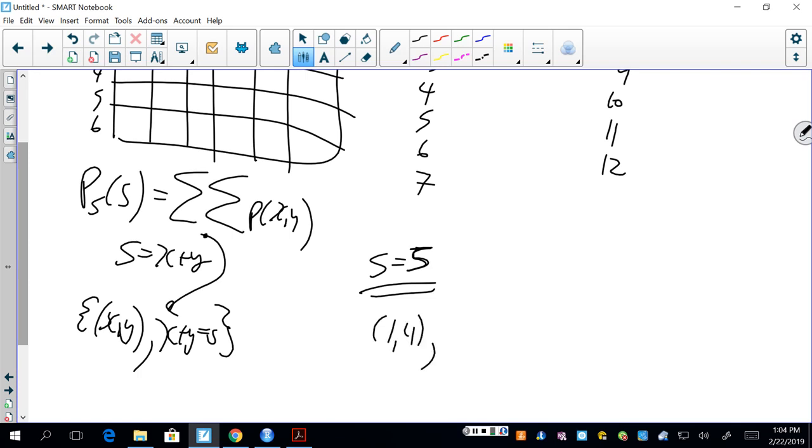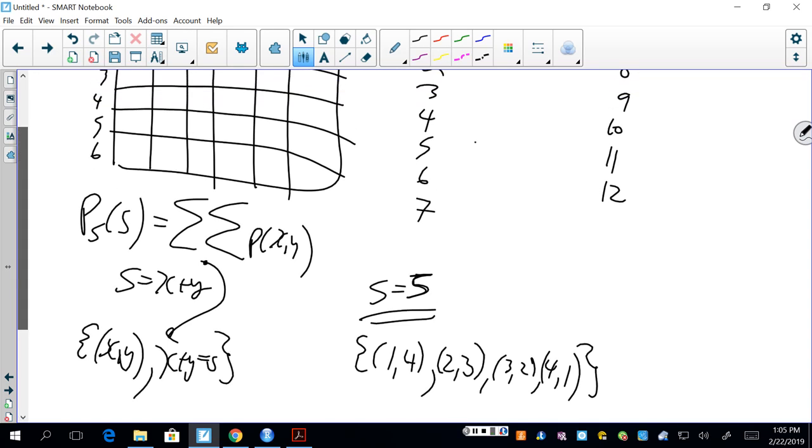That's one way it can happen. 4, 1. Yep. I'm going to write it: 1, 4, 2, 3, 3, 2, 4, 1. All of those are possible. So there are these four things. If they each have a probability of 1 out of 36, we're adding up these four numbers, and so the probability that you get a 5 is 4 out of 36.